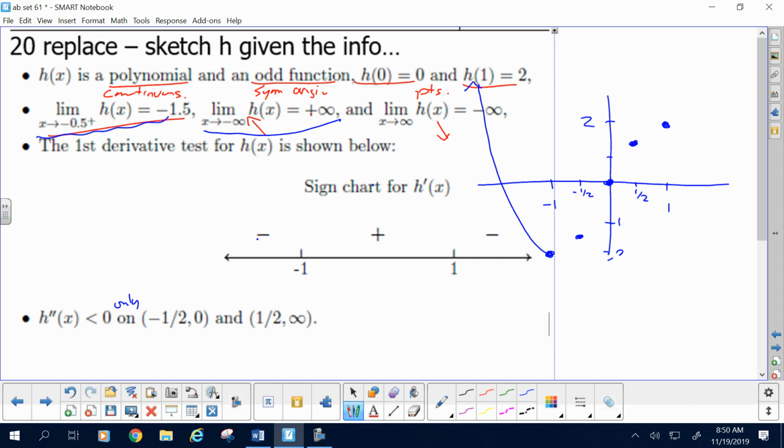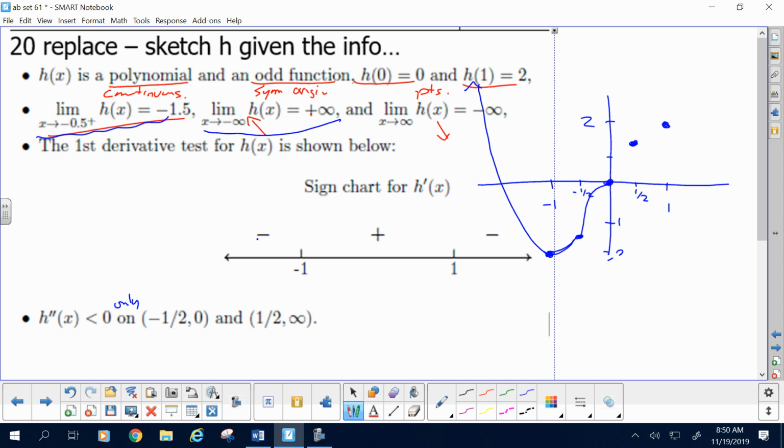And then what about from -1 to -1/2? Give me 2 things you know. Increasing by the first derivative and concave down on -1/2. Oops, that's -1/2. Yeah, sorry, it's concave up to -1/2. And then what about from -1/2 to 0? Increasing concave down.